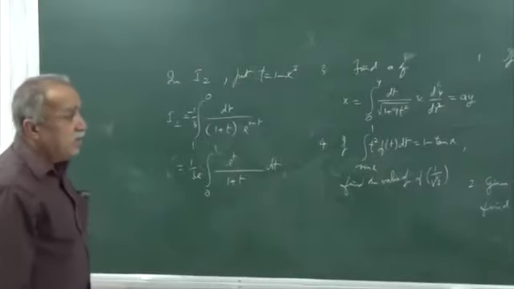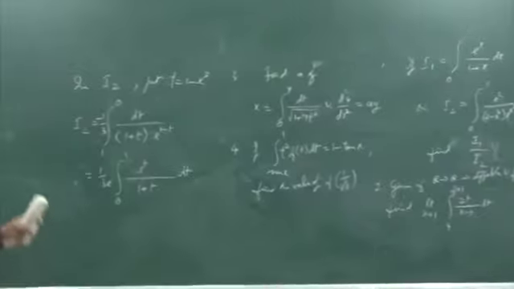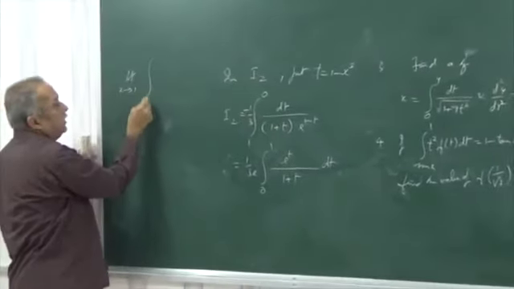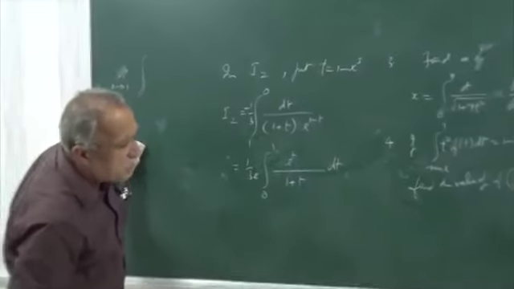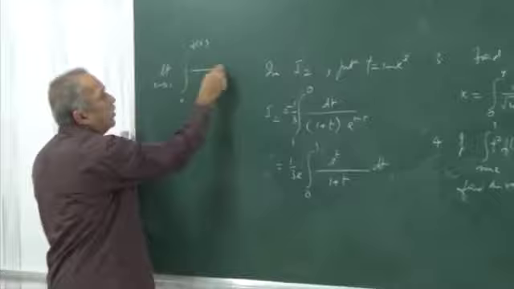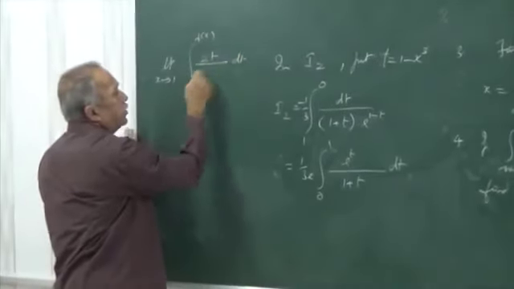Next, f from R to R is differentiable, f of 1 is 4. What is the limit as x extends to 1 of integral 4 to f of x 2t dt by x minus 1?